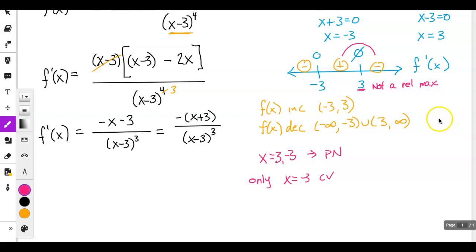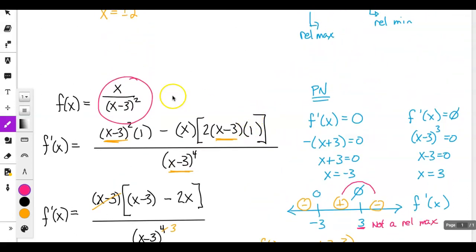So there's not a relative max there because what's actually there is if you go back to the original, f of x has a vertical asymptote at x equals 3.